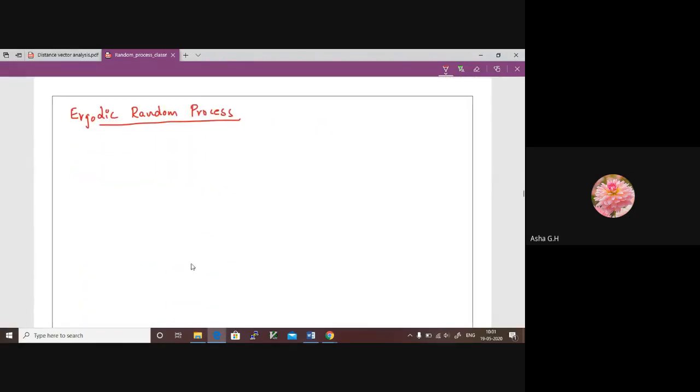Now let's take another topic. The next topic is ergodic random process. Do you have any idea what an ergodic random process is? Before we discuss it, we need to understand two important concepts. One is the ensemble mean, which we already had a discussion on.